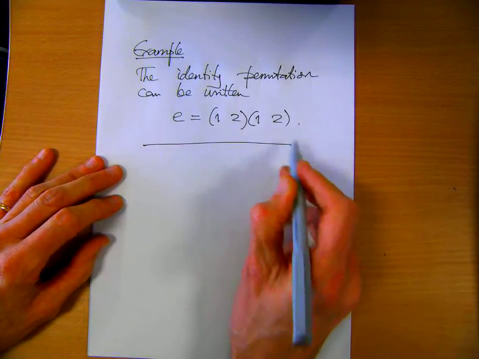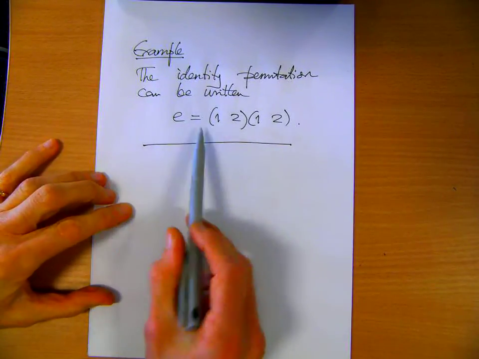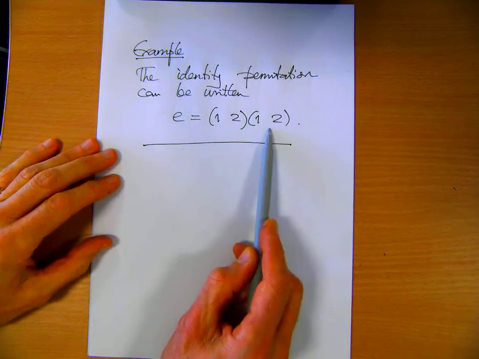Now, as we've said, the decomposition into transpositions is not unique. In general, there's lots of ways of doing it. But what is unique is the parity of the number of transpositions. In other words, it's either always even or always odd. So, for instance, the identity element can be written as the product of 2 transpositions.